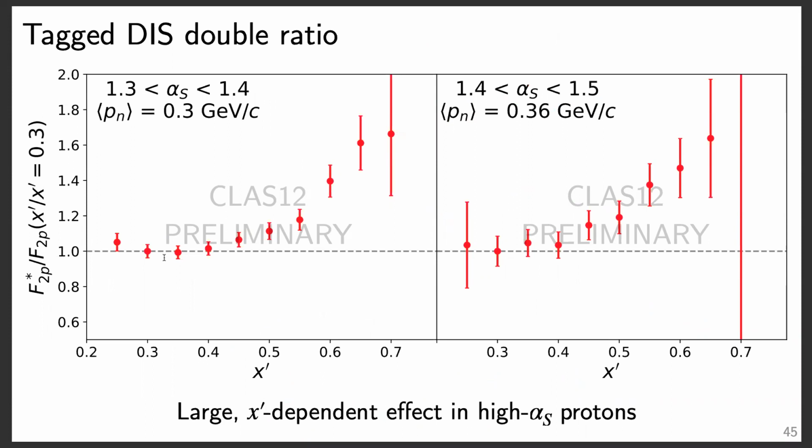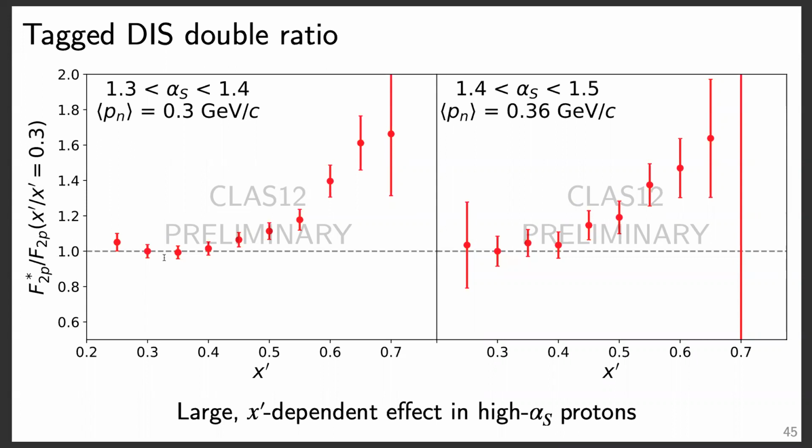Sorry, I'm too slow. Isn't the EMC effect showing up as a suppression of your cross section? So when you take this ratio, with the bound nucleon in the numerator, why is this going up? That is the only puzzle. It's not about how you bin it.